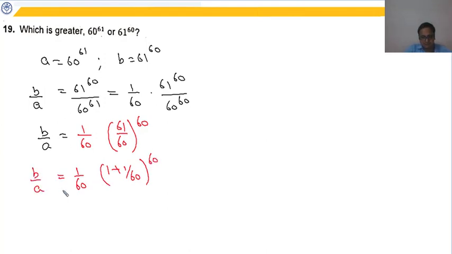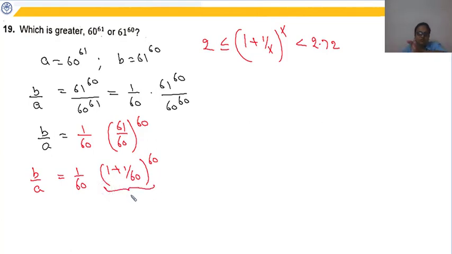This is B by A. Now please remember a result: (1 plus 1 by x) to the whole power x is greater than or equal to 2 and less than 2.72. We are talking about x as positive. So we know the maximum value this bracket can assume is between 2 and 2.72.